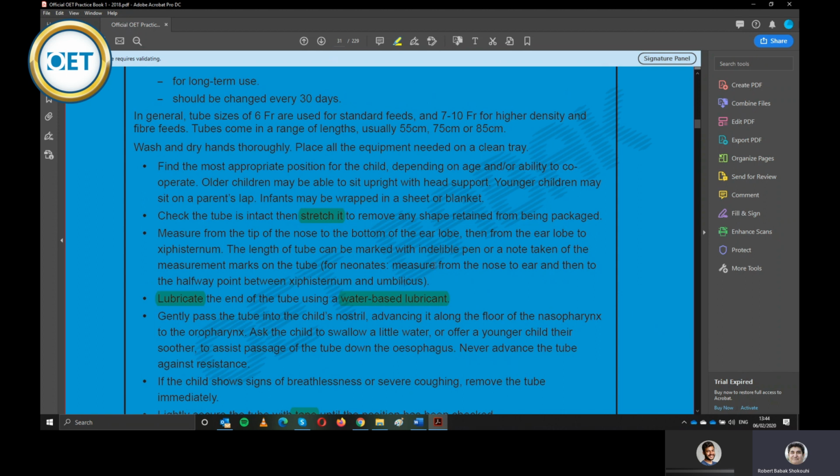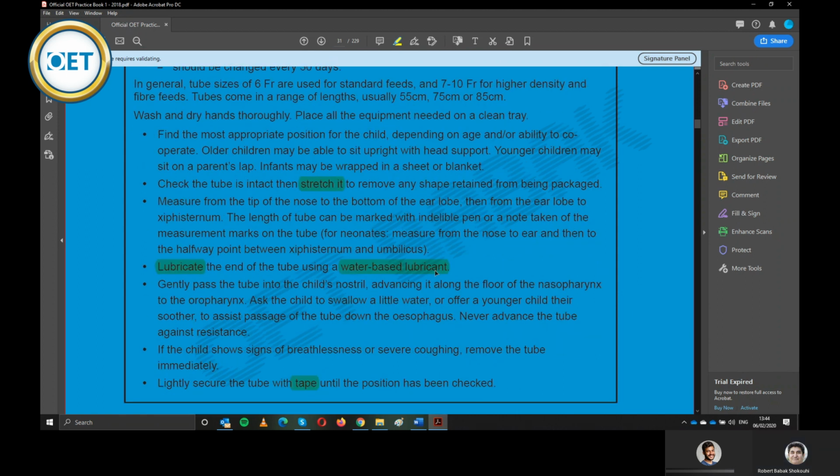Then you said, which one? Standard feeds. Where is that? Line 3. The first line here. Standard feeds, and tube sizes of 6 are used for standard feeds, okay? 7 for high density.